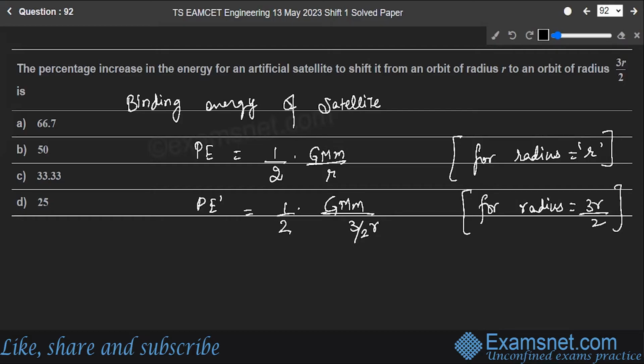So you have to find out the percentage increase. First of all, this will be given by 1 by 3 into GMm upon R, because this 2 and this 2 will cancel out.